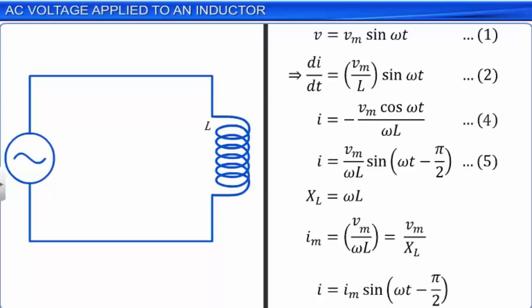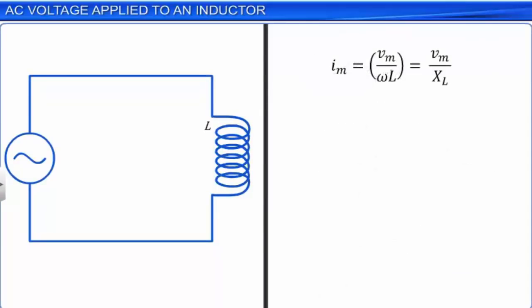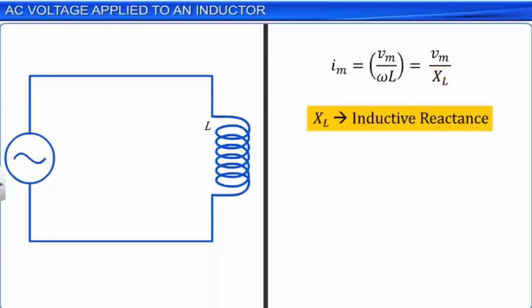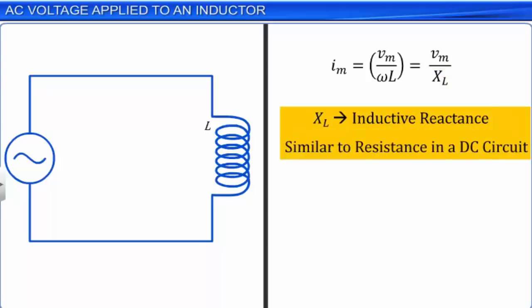The expression we used earlier for Im implies that the value of current in comparison with the value of voltage is limited by the denominator, which we call the inductive reactance of the circuit. This, by analogy with a simple resistive circuit, can be considered equivalent to resistance.